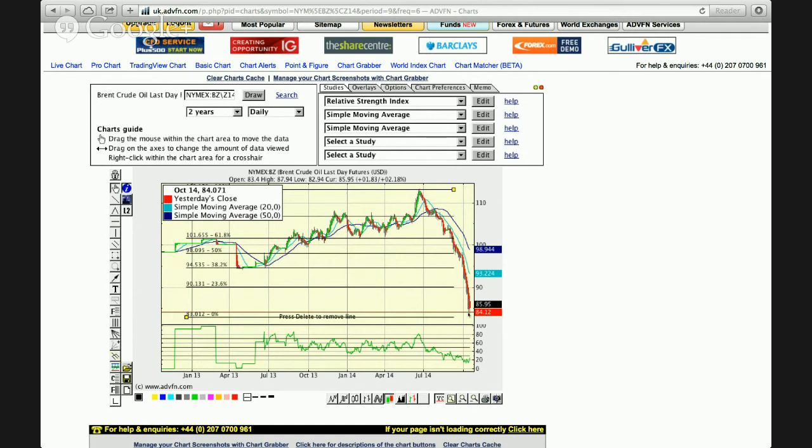So you might hear traders recommending to buy Brent crude oil with a price target of 94.53, and that's all because they've used what's known as the Fibonacci retracement.